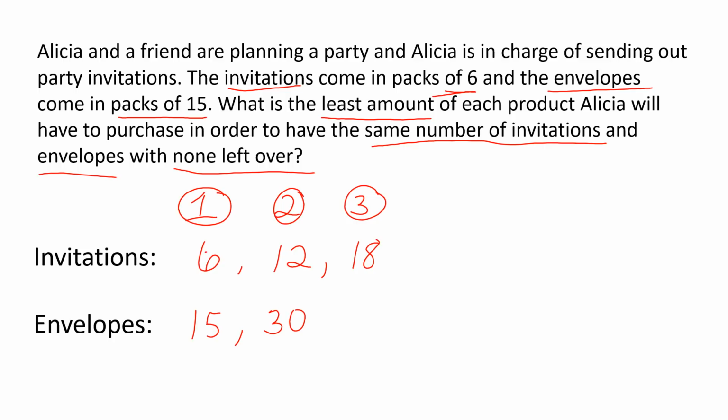So she needs to purchase more invitations. So a fourth pack of invitations would give her 6, 12, 18, 24 invitations. A fifth package of invitations would give her 6, 12, 18, 24, 30 invitations.